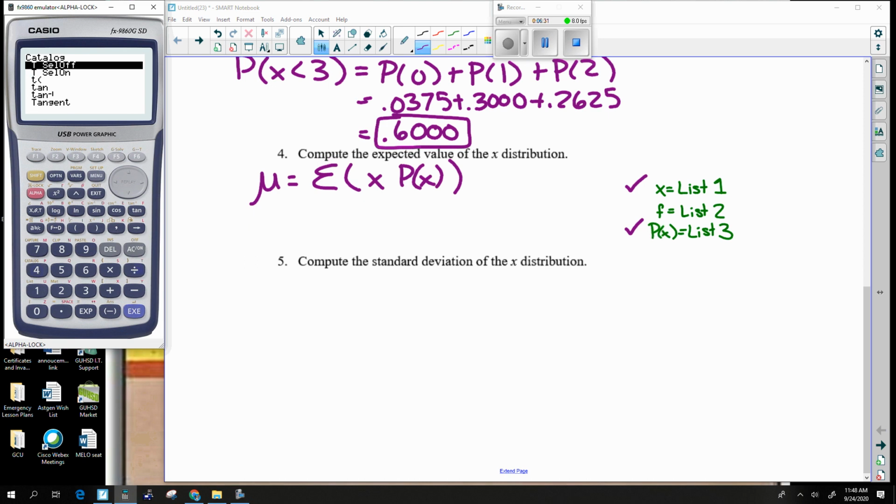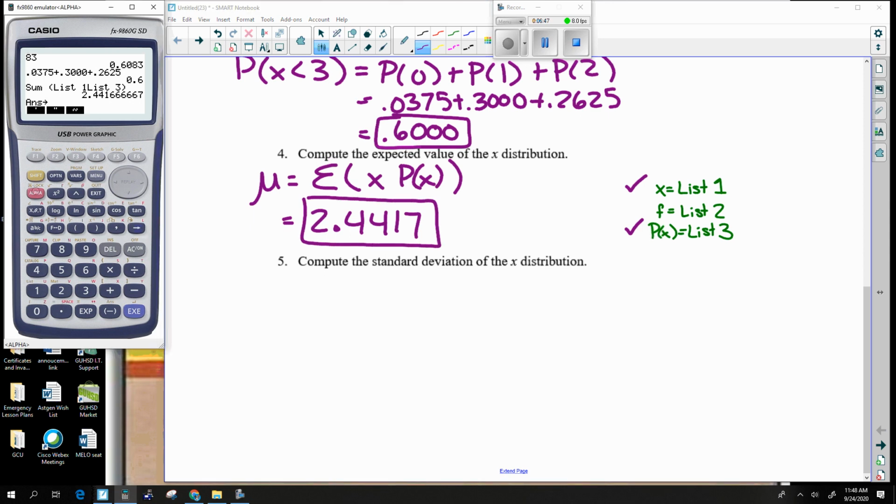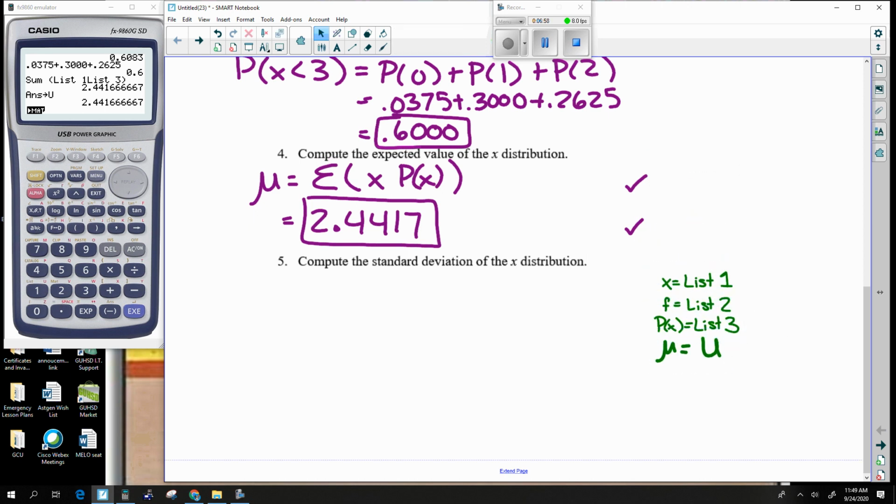So the sum of x P of x. And round that number. All right, what I'm going to do is take that answer and store it as the letter u. So again, updating what I have here, mu is now the letter u. So if I ever need it again, which I will right now, I have it at my disposal.